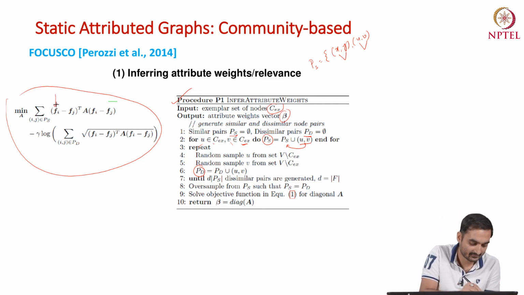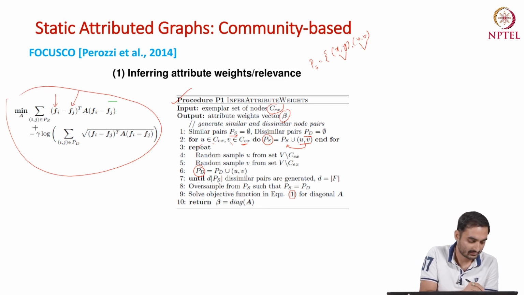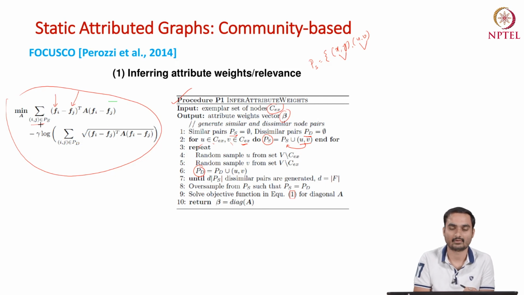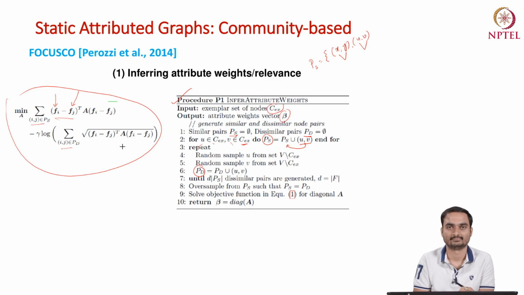If x_i is the feature vector of node i and x_j is the feature vector of j, for each pair in P_S we try to minimize this distance because these two nodes are similar, and for each pair of nodes in P_D we try to maximize the distance because they are dissimilar, and we try to learn a matrix A. This A is a learnable matrix which looks at P_S and P_D and tries to minimize this.